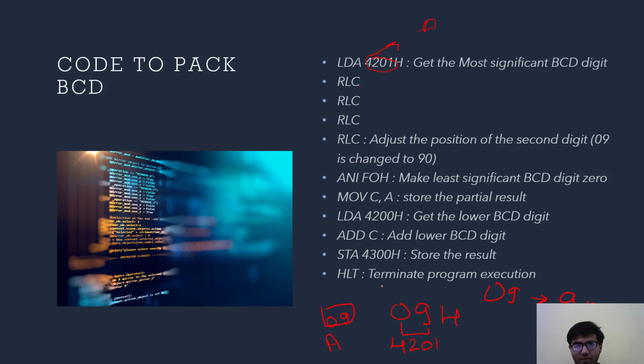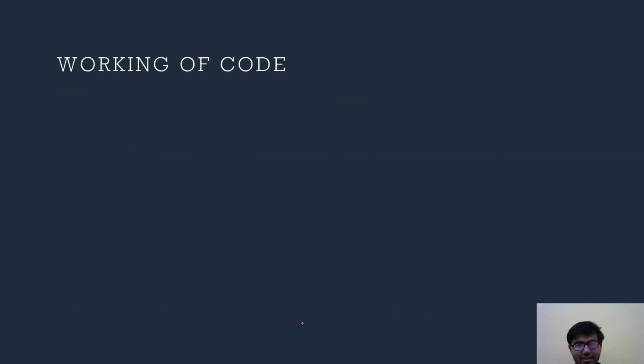Simple. And what about ANI F0H? Let's study it in the working of the code. ANI F0H means immediately AND the accumulator with F0H, which is just the hexadecimal implementation of 11110000.